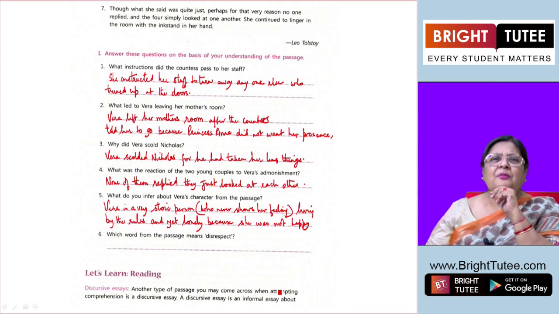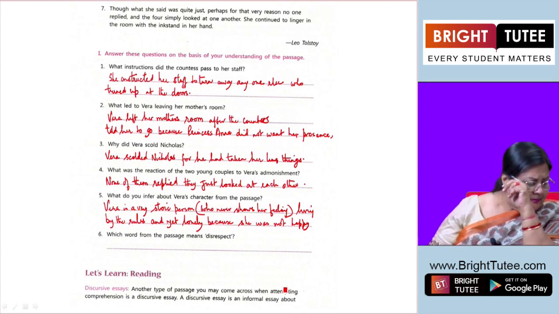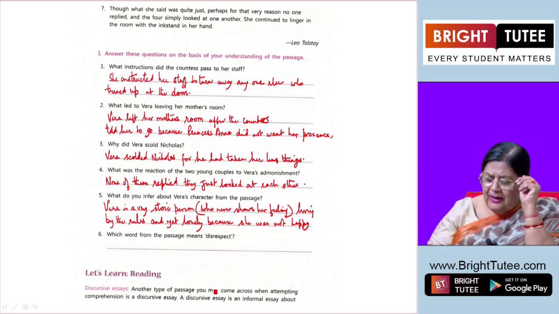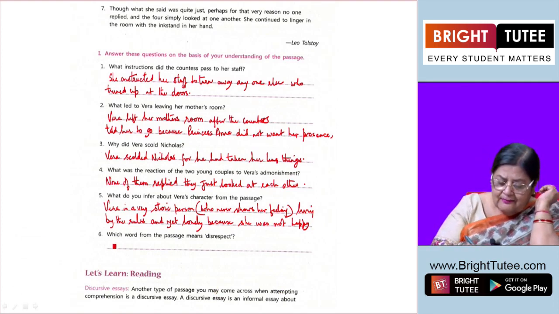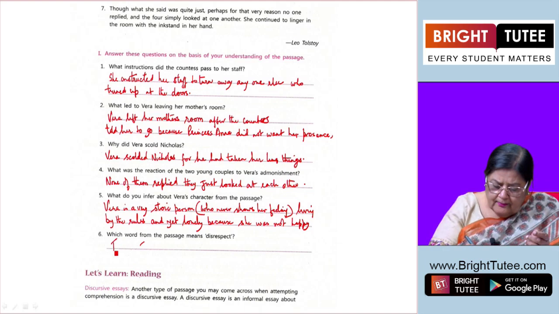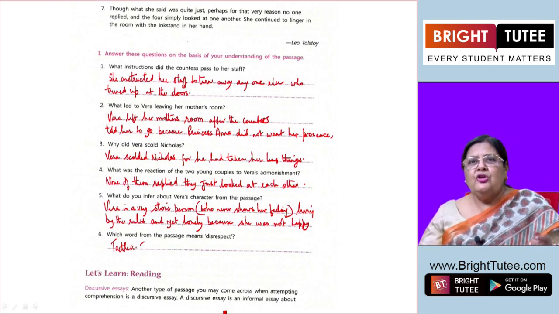She is very unpredictable and unhappy. Which word in the passage means disrespect? Tactless. Okay. So I have given you all the detail about the passage.